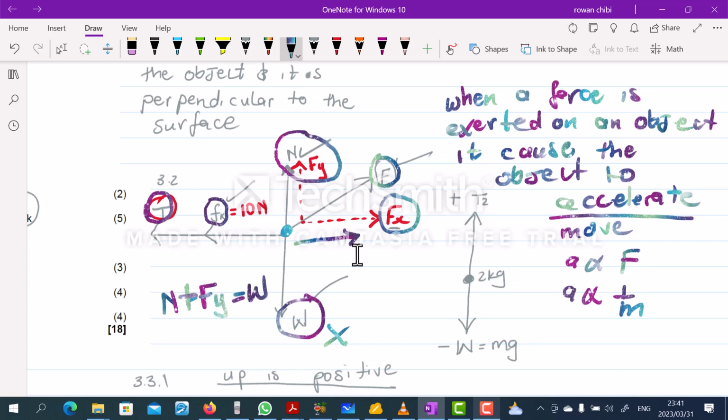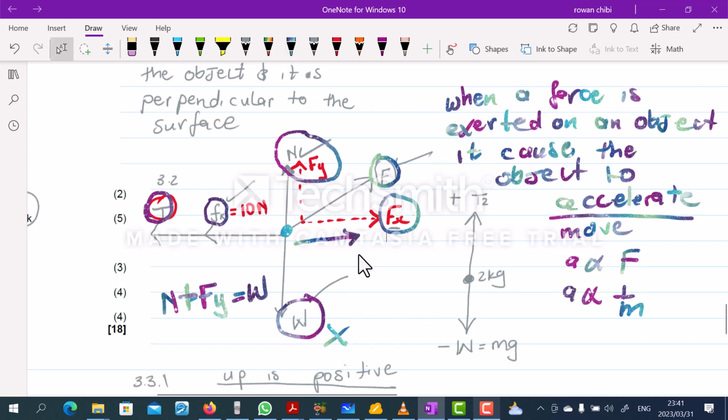So I'm not going to focus on these vertical forces because they are not being applied by Newton's second law. I'm just going to focus on the three forces that are causing the object to move. The one is causing it to move forward, the two is causing it to move backwards, or in the opposite direction. So I'm looking at F of x, friction, and the tension.